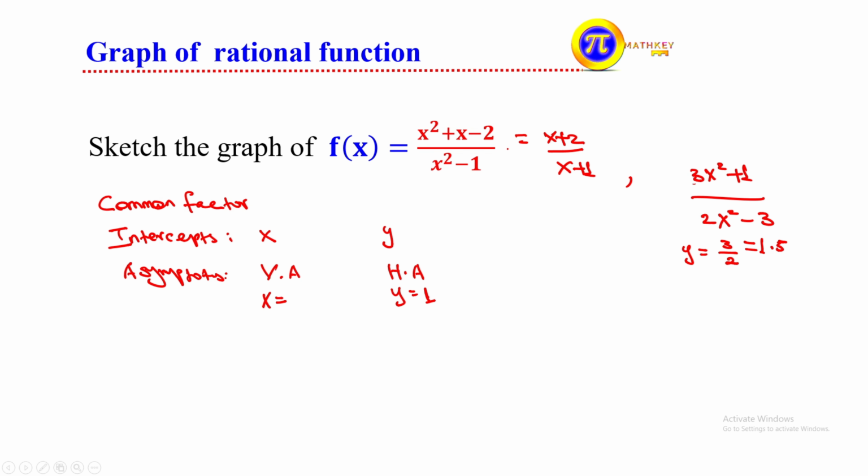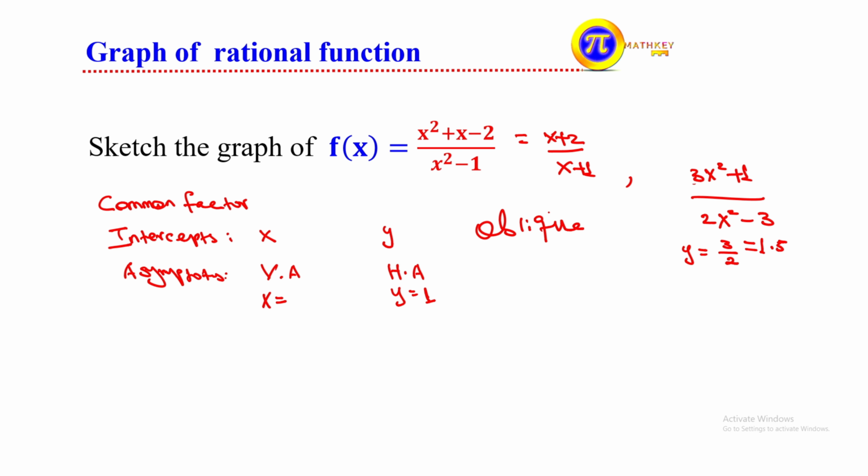The other case: if the degree of the numerator is greater than the degree of the denominator, in that case we have an oblique asymptote, and we cannot find a horizontal asymptote.